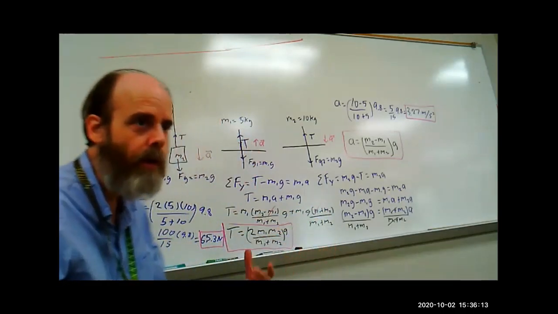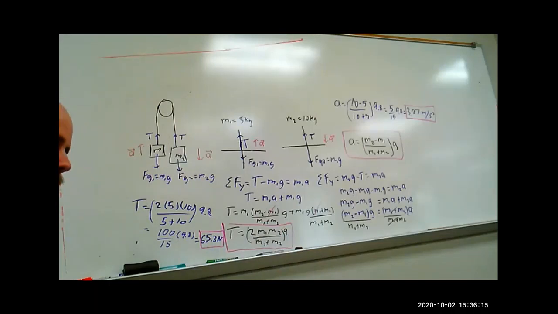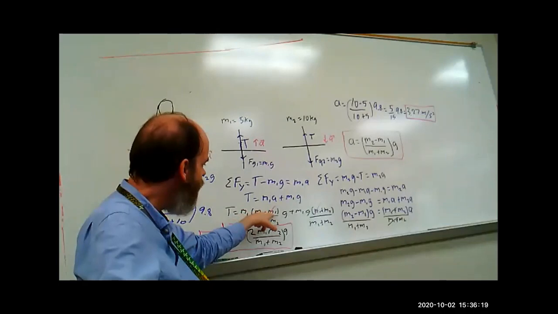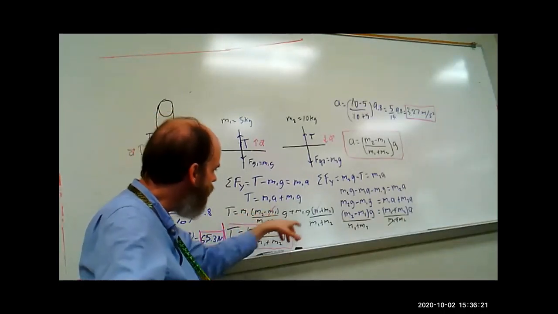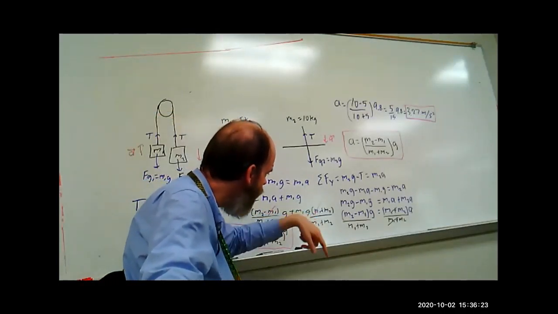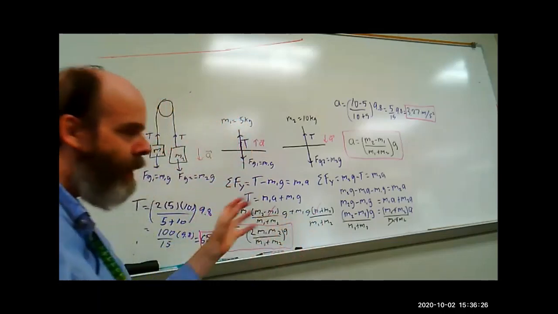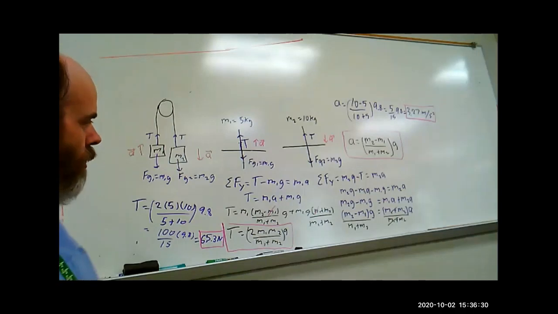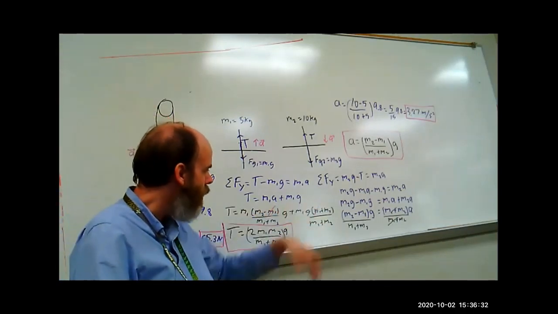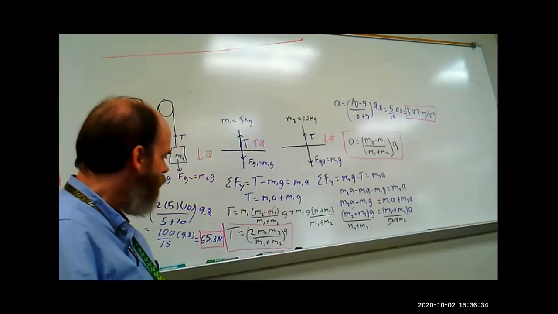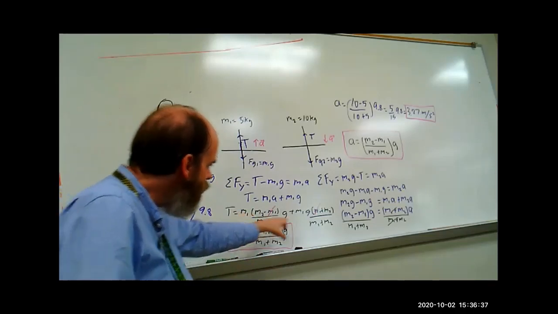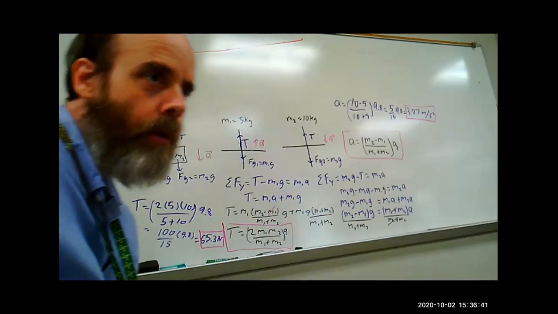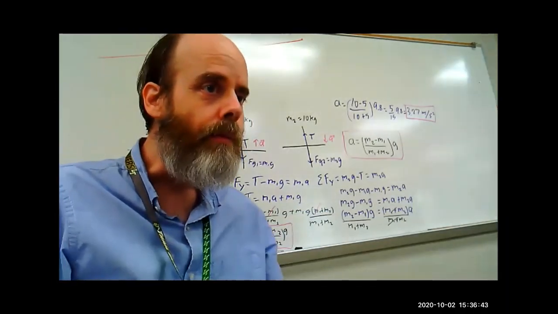That's just 1, and I can always multiply by 1. And then I cancel some things out. So this is M1 times negative M1 squared, and this is M1 times positive M1. So negative M1 squared plus M1 squared gives me 0, so these two terms cancel out. I'm left with M1 M2 plus M1 M2, so it's 2 M1 M2. That's how I did the T.